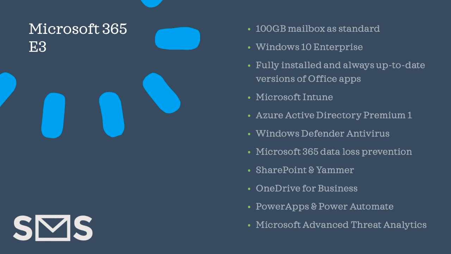It's like a library of all your devices within your organization, but you get the Premium 1 plan, which gives you a few more extra bits on there. A lot of old school places would have an Active Directory server in their office. This is now in the cloud, in the Azure cloud. So that allows you to manage the devices that you have on your network within Azure Active Directory.